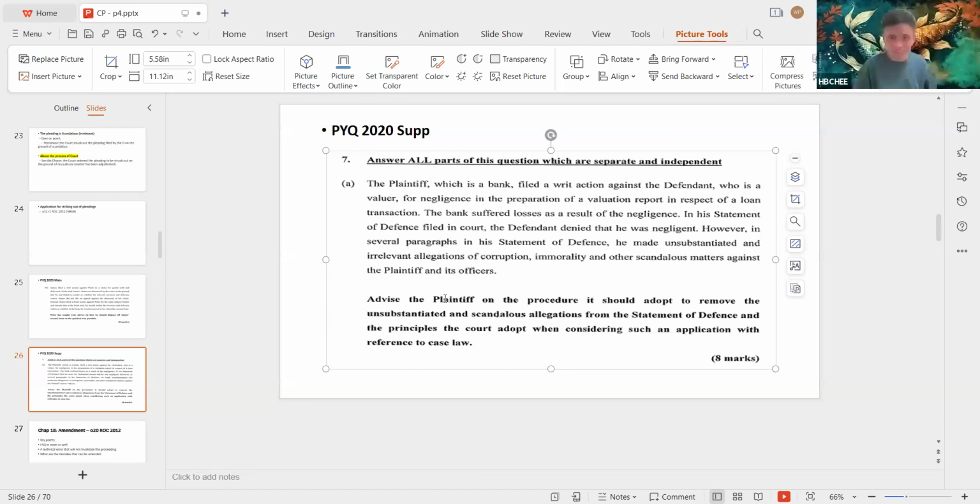The plaintiff cannot amend the state of affairs. So the question from here, you have to add on something, because the point is here. Now, Rule 13 now. The denial is specific on something.